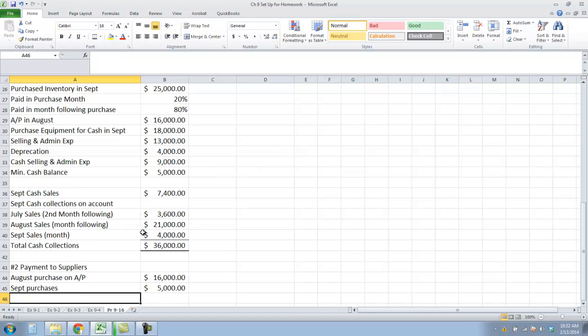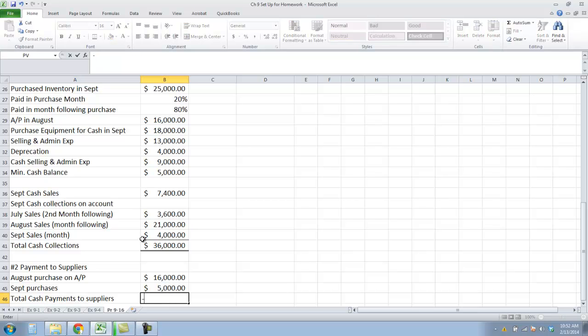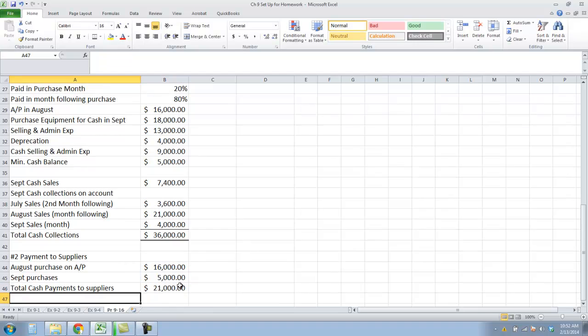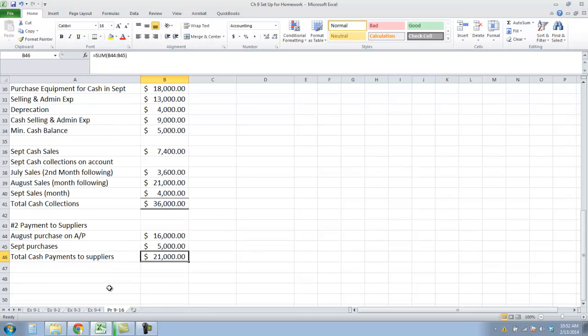So we multiply those two numbers. So total cash payments to suppliers equals the sum of these two, $21,000.